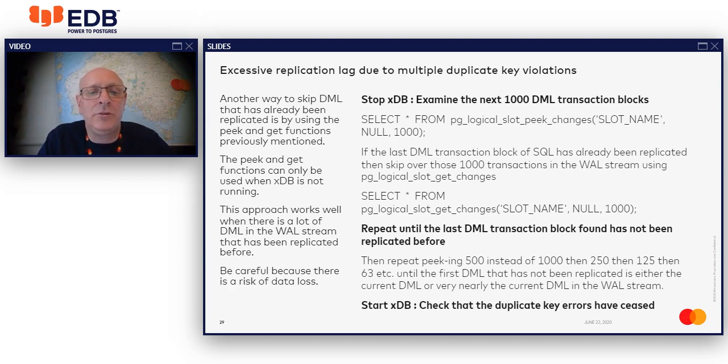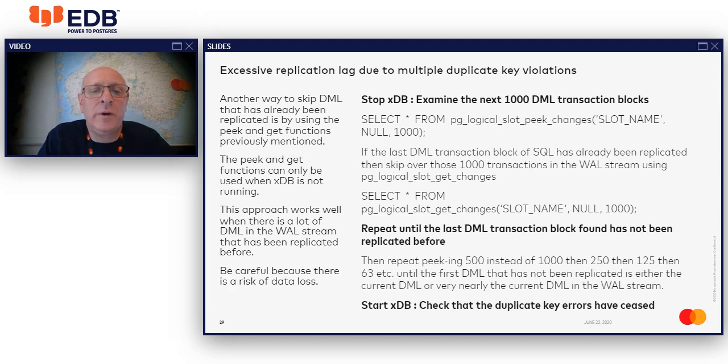And eventually you'll get to a point where you'll recognize that the values you're reading from the WAL stream are newer than the values in the target database. So at that point, don't do a pg_logical_slot_get_changes. Instead, you can do one or two things. You can just let xDB start up and let it replicate and error for those remaining transaction blocks.